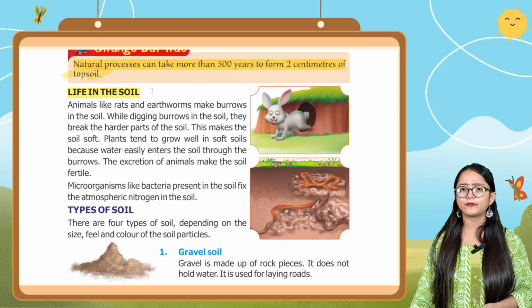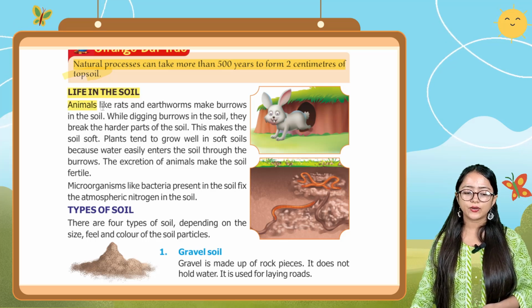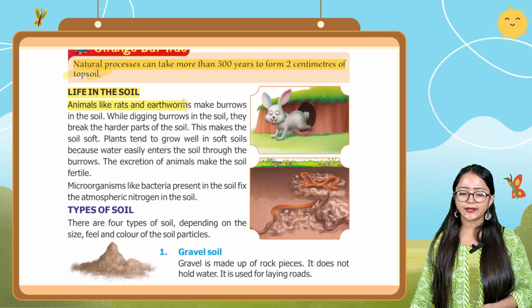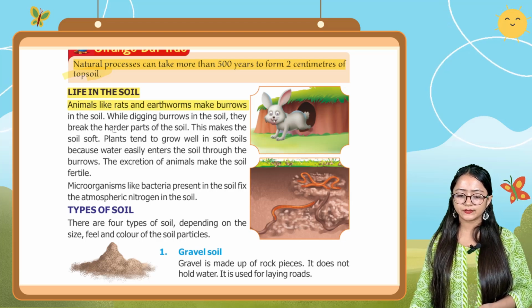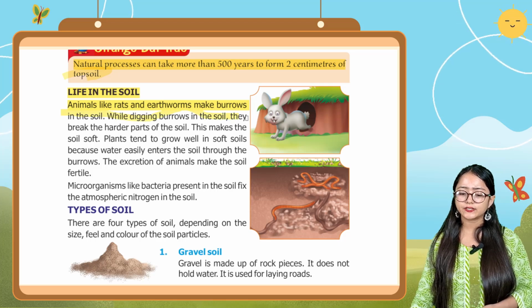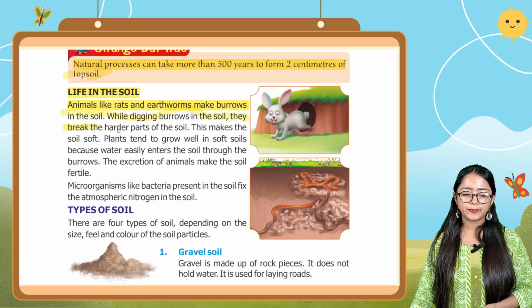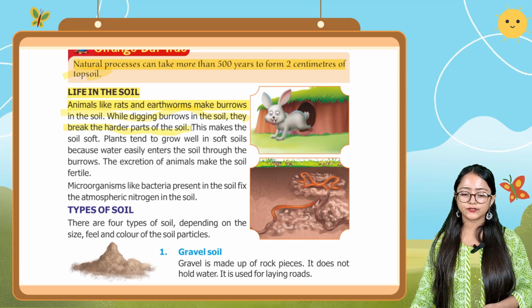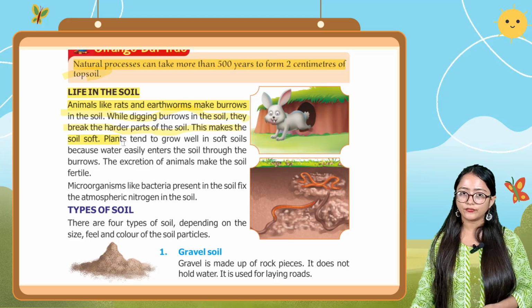Now we're going to see life in the soil. What type of animals live in the soil? Animals like rats and earthworms make burrows in the soil. While digging burrows, they break the harder parts of the soil. This makes the soil soft.